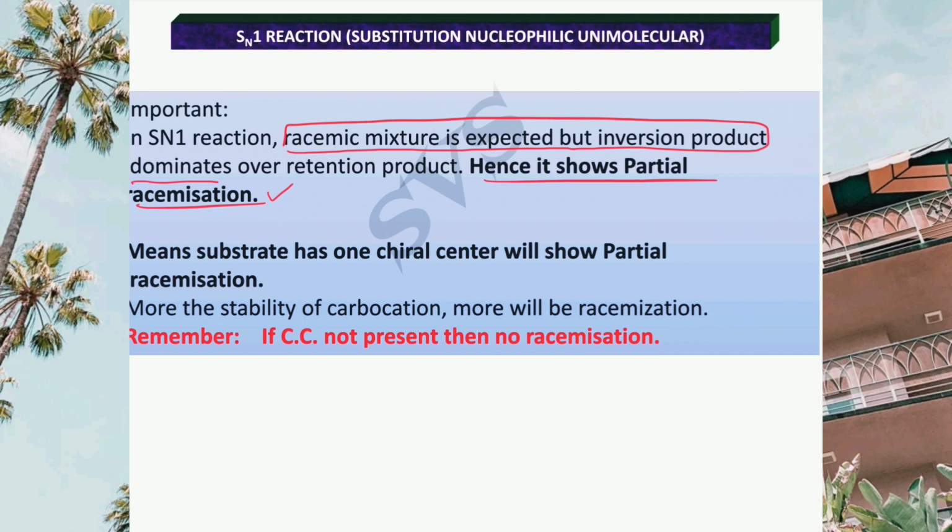Very, very important point, you have to remember. So we get a racemic mixture if a chiral carbon is present. If a chiral carbon is not present, there is no racemization.